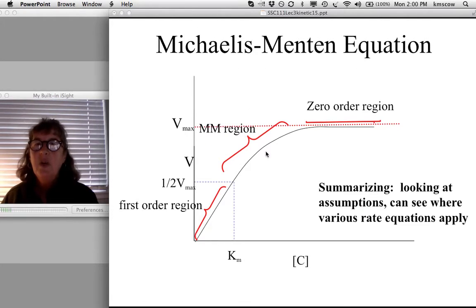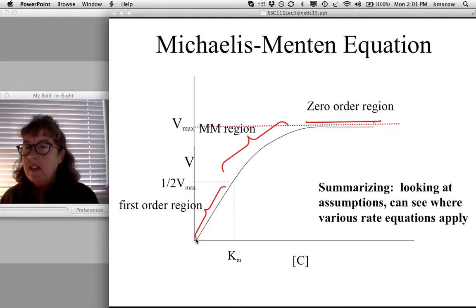All right, so now if we go back to the Michaelis-Menten graph showing the relationship between V and concentration, we can see better about these assumptions. So remember, first order applies to below the Km. When the concentration is below Km, you're in the first order region.